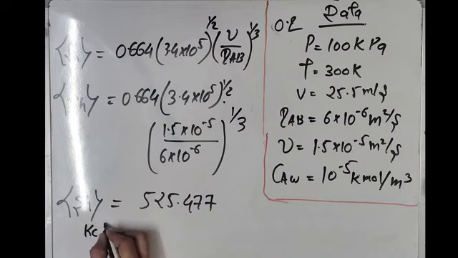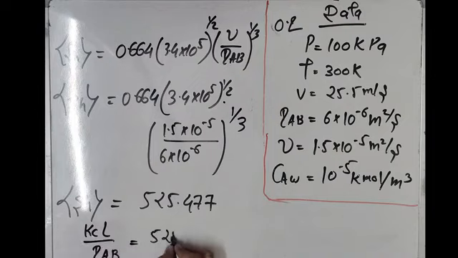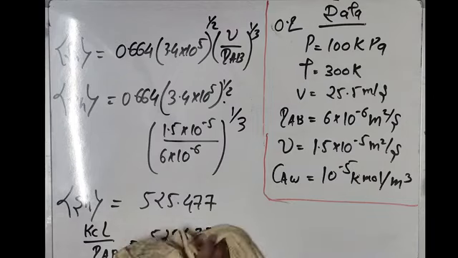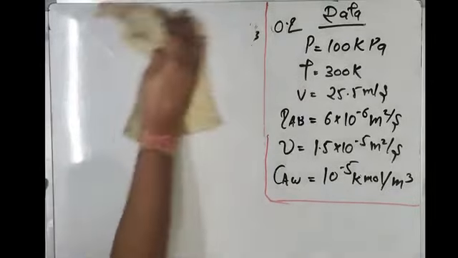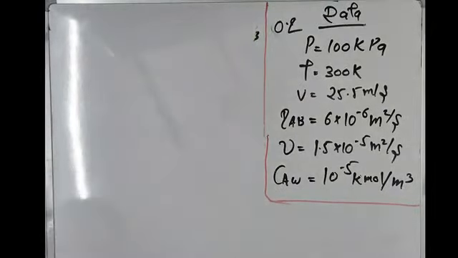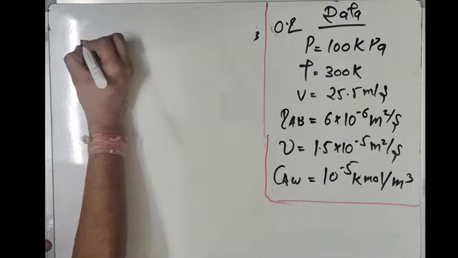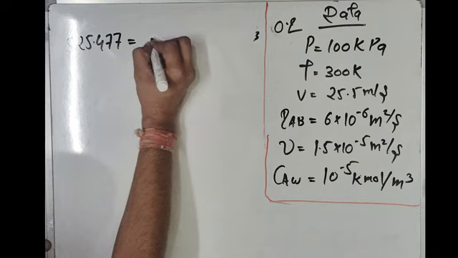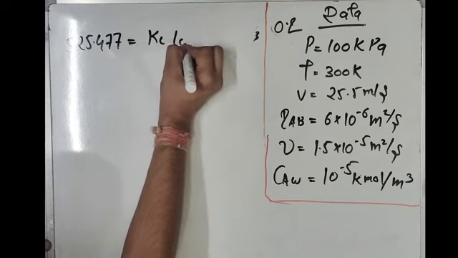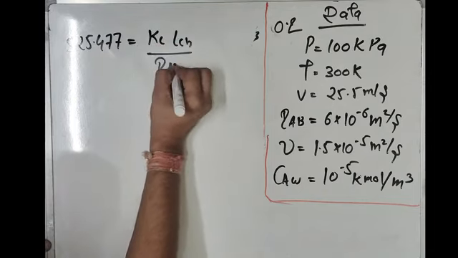If we expand the Sherwood number, it can be written as Kc L_CH over DAB, equal to 525.477.